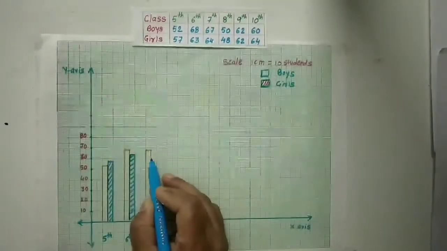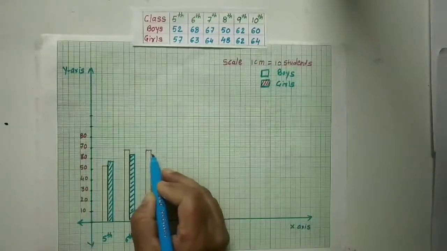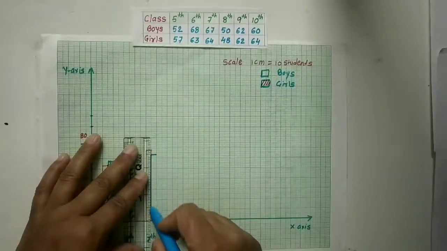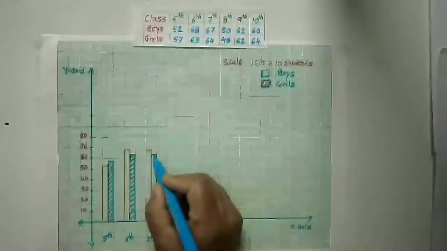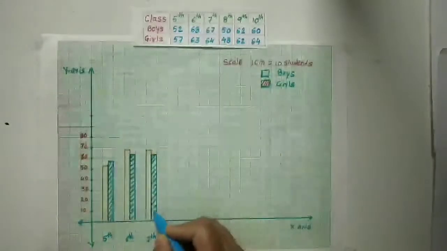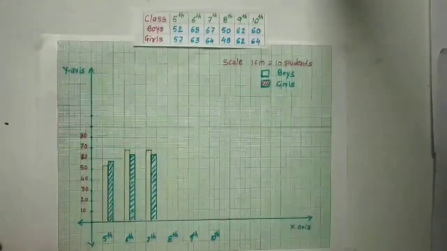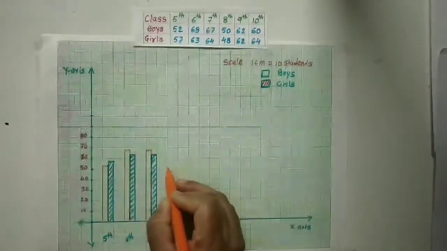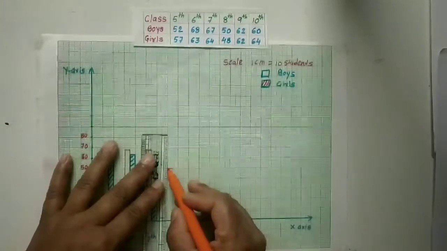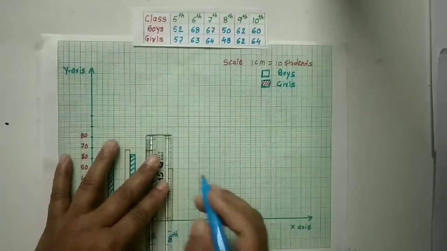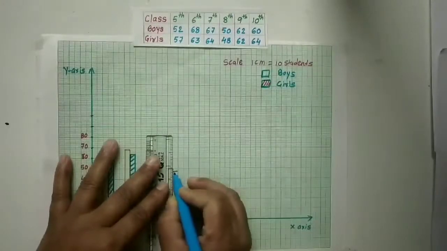Here 60, this is the 60 and 64 over here. Now next class is 8th. 50 boys. Here is the 50 boys. And how many girls are there? Girls are 48. Here 48.